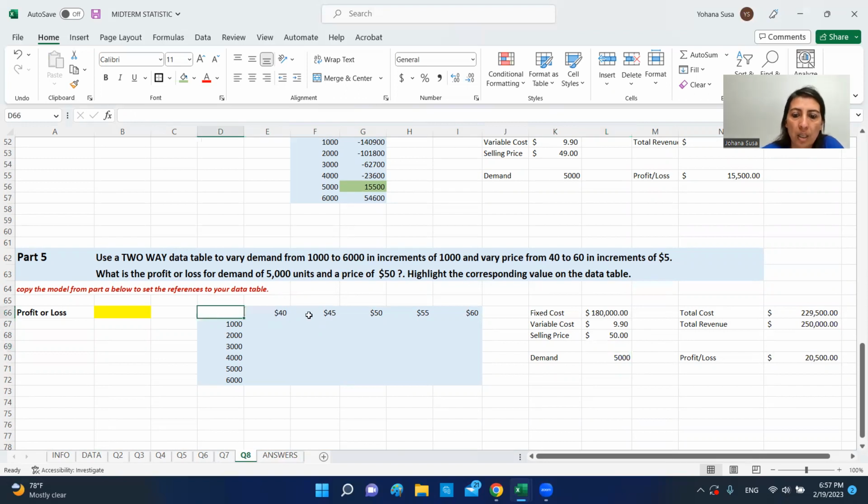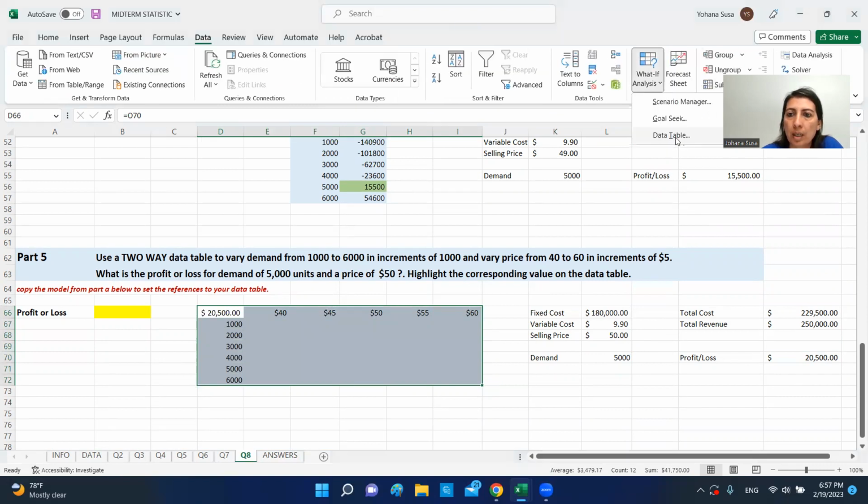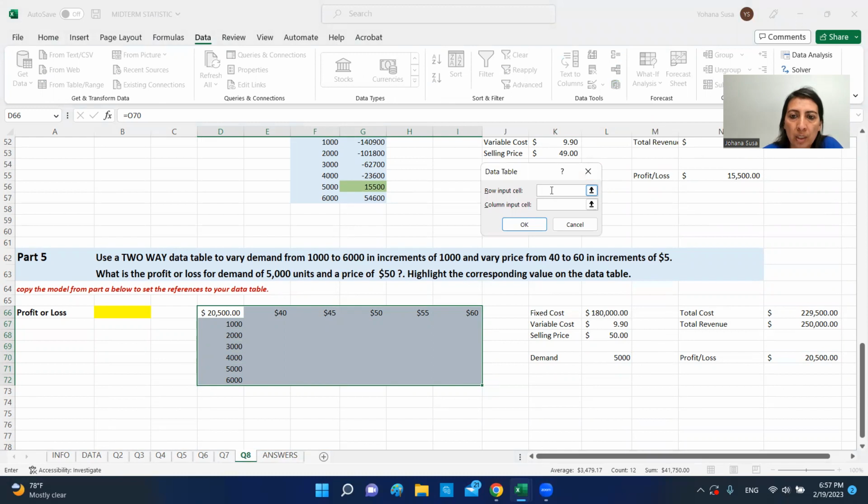Now, to set up the profit, we're gonna set it up here so it doesn't interfere with the rows or the columns, in this case, the price or the demand. And now that we have this ready, we're going to get our data table. So our rows, in this case, are the price. So we reference that.